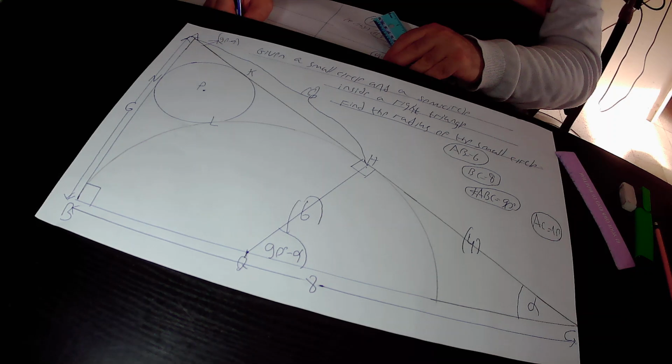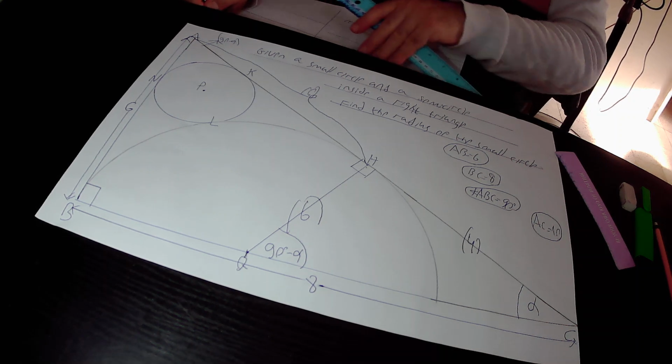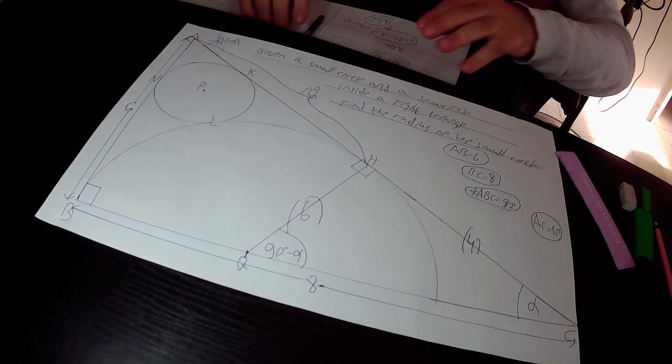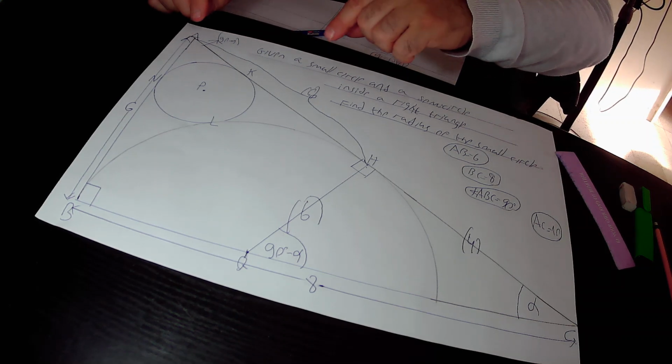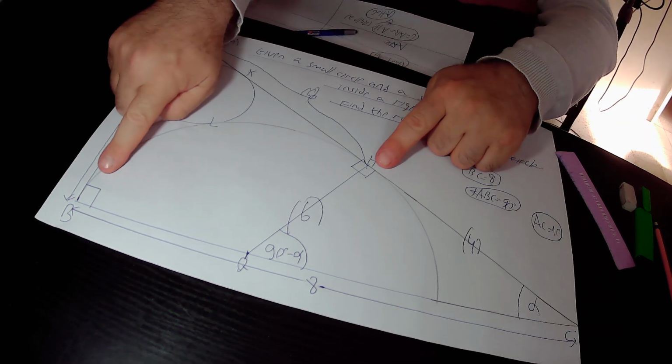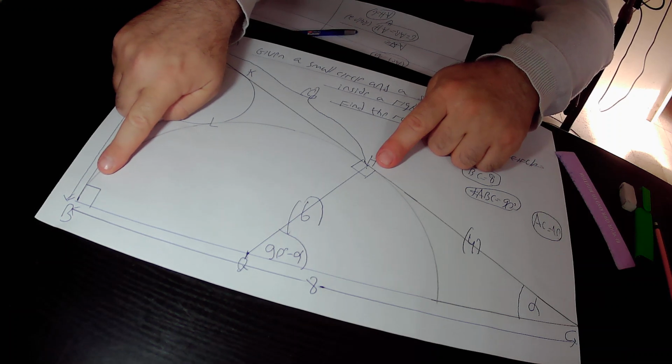Triangle ABC is similar to triangle QHC. So, why are those two right triangles similar to each other? First of all, those two angles are both equal to 90 degrees, therefore they are equal to each other.